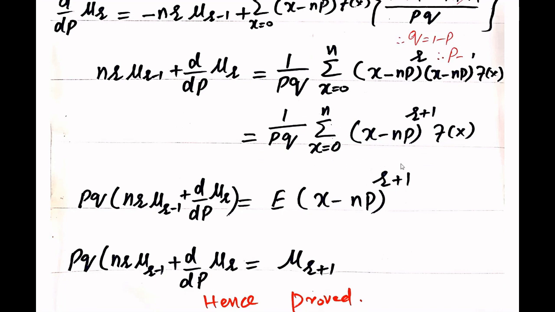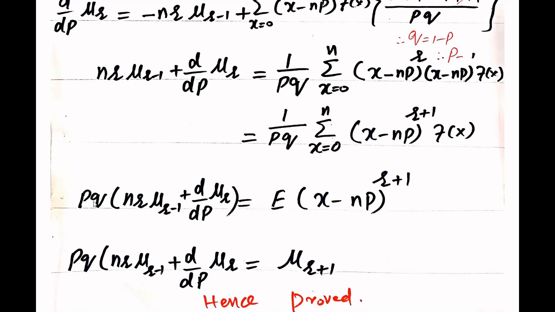I write this term as the expected value of (x minus np) power r plus 1, because as you know, expectation is equal to the sum of this term multiplied by the PDF. So this is the PDF and this is the sum of this term. It is equal to the expectation of (x minus np) power r plus 1.